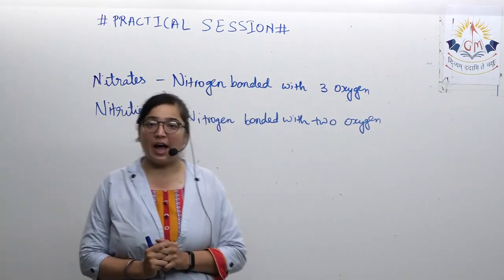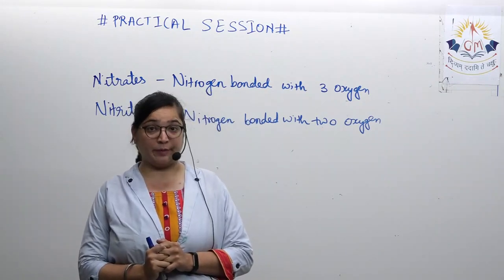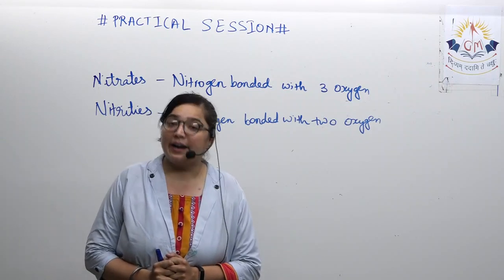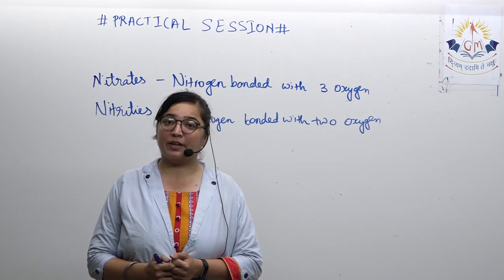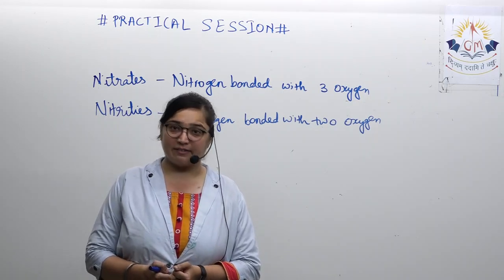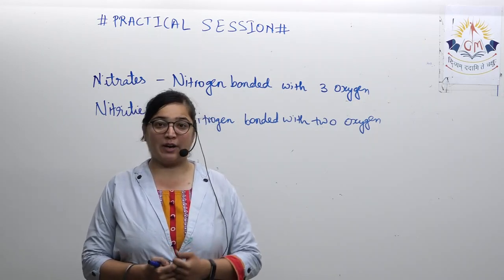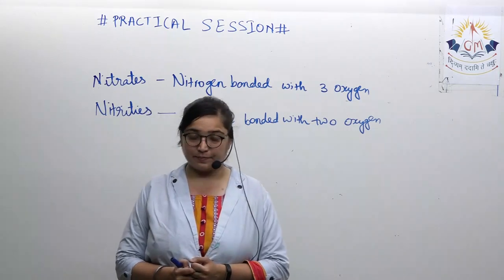If we talk about the highly reactive elements like sodium, potassium, they are existing in their normal form. They combine with these nitrates, nitrites, and form the corresponding nitrates and nitrites.